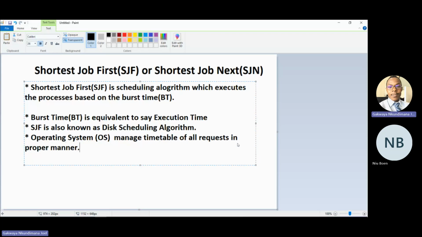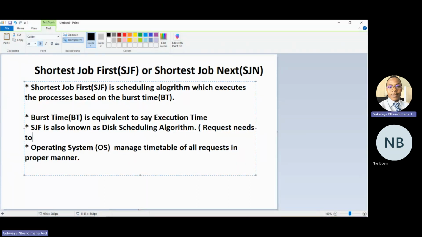So remember that if you want to access any of the disk here, you want to send a request. So the request needs to be sent in order to access memory.